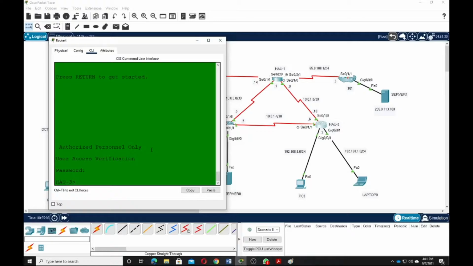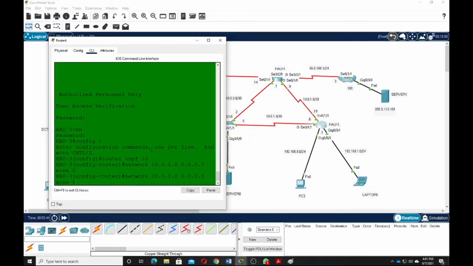Okay, Cisco, enable, class, config t, and then router ospf 10, network 10.0.1.8 with wildcard mask 0.0.0.3, area 0, enter.